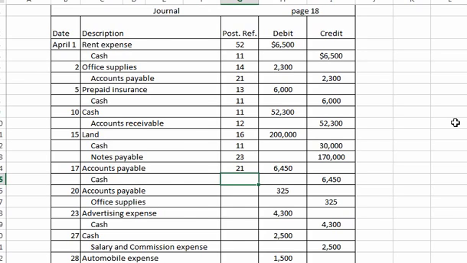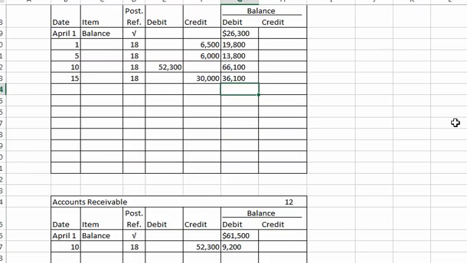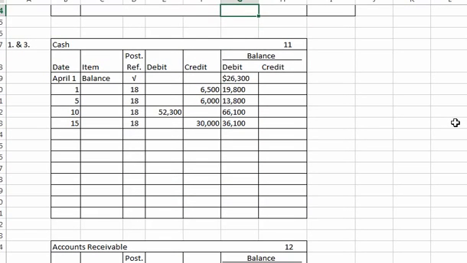Cash is credited on the 17th for $6,450. So we'll put in a 17 for the date. It's from journal page 18. And it's a credit to cash on the 17th for $6,450.